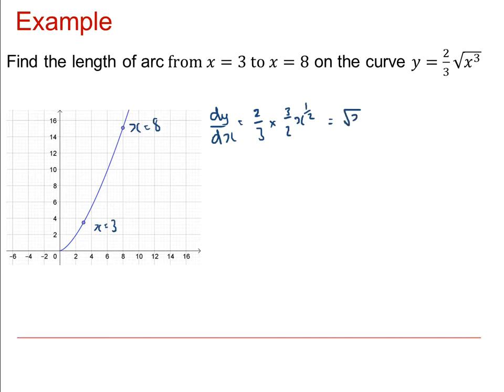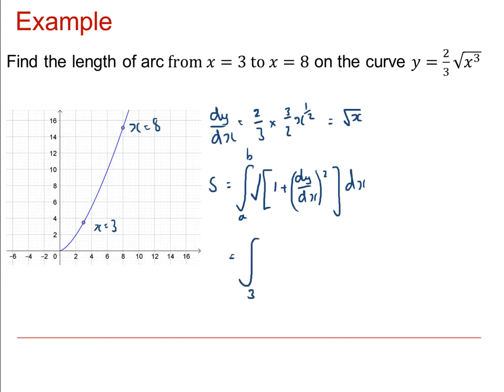The formula that we want is s is equal to the integral from a to b of the square root of 1 plus (dy by dx) all squared dx. So we can now substitute the values into that. This will be the integral from 3 up to 8, and then we've got the square root of 1 plus (dy by dx) all squared, which is just 1 plus x, and that's dx.